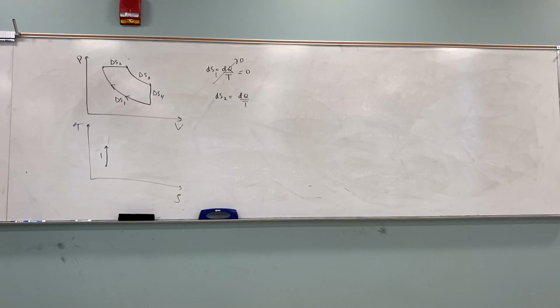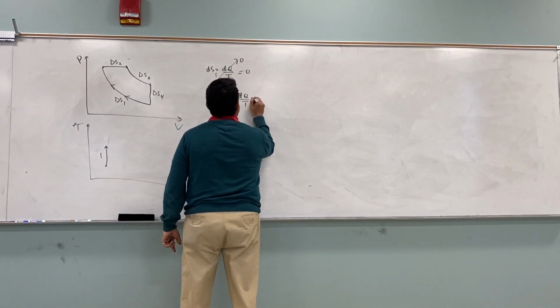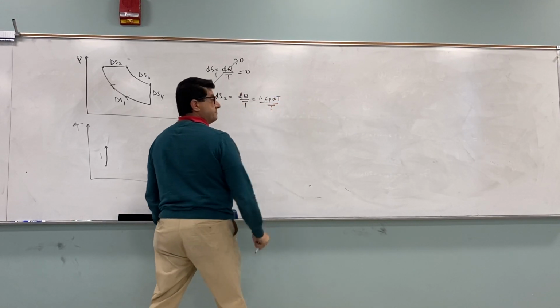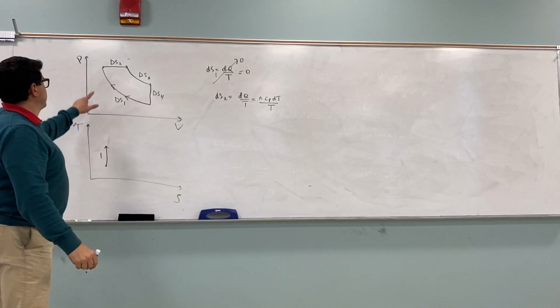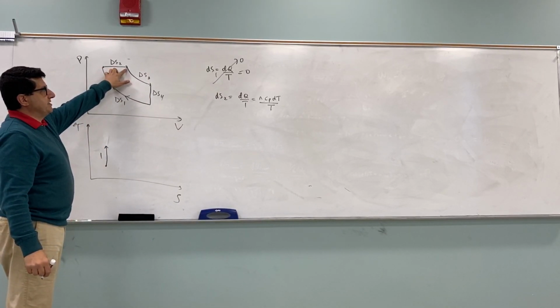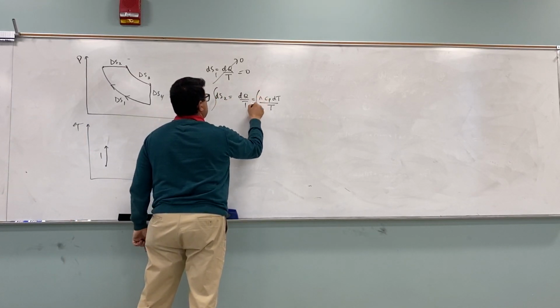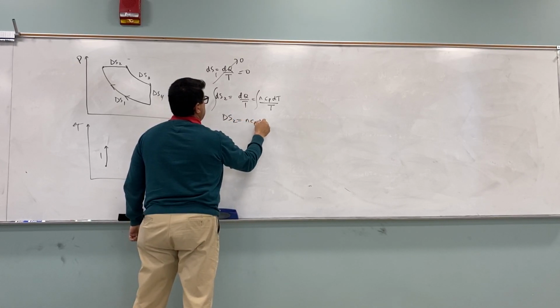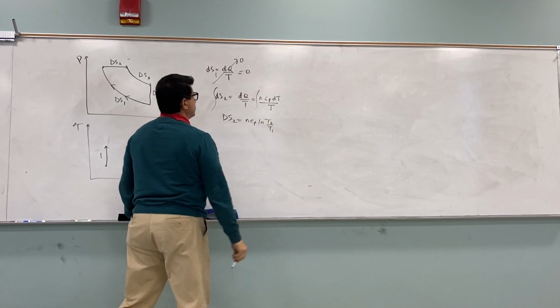N Cp delta T. This is the second stage over T. You see, for this one, the change in entropy is N Cp delta T over T. Now if I integrate that, what do you get? N Cp ln of T2 over T1.